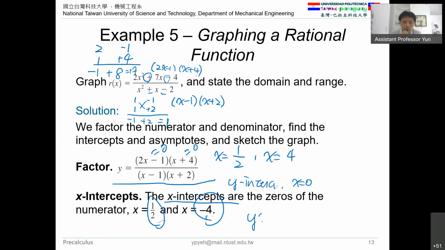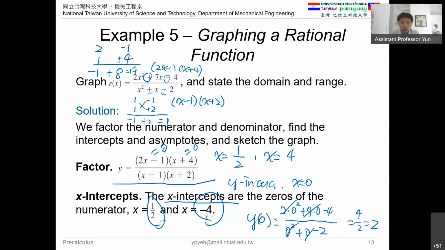So y of 0 will equal 2 times 0 squared plus 7 times 0 plus negative 4 in the numerator, and in the denominator 0 squared plus 0 plus negative 2. So when x equals 0 those terms cancel, and it will be minus 4 divided by minus 2, which is 4 divided by 2, and so it will equal 2 here.